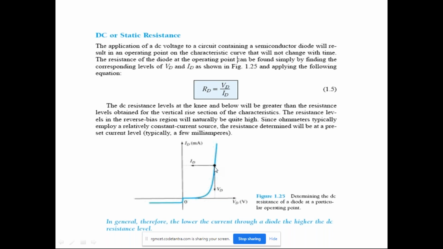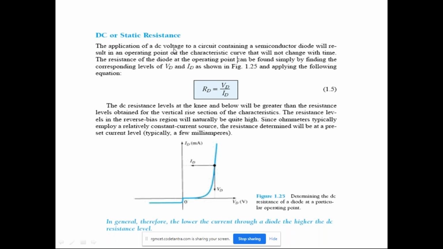Project on the x-axis and y-axis with respect to this point, and Rd is equal to Vd by I, simply based on Ohm's law, R is equal to V by I. Now the diode resistance Rd is equal to Vd, the forward voltage, by the diode current at a particular operating point.